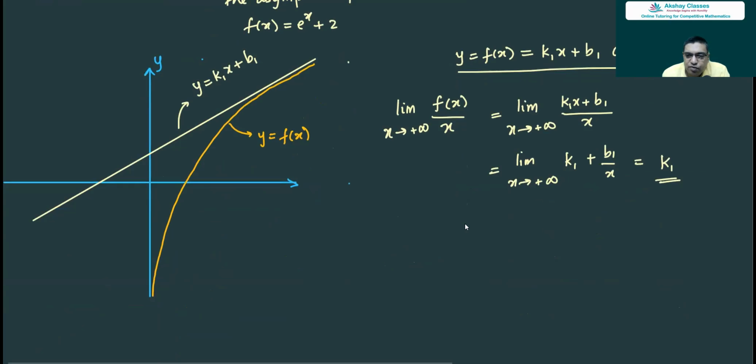So once I found the slope of this line, now as x tends to infinity, both the y values are the same. Therefore, limit x tends to infinity, the function value minus the equation of this line should be equal to 0. Okay.